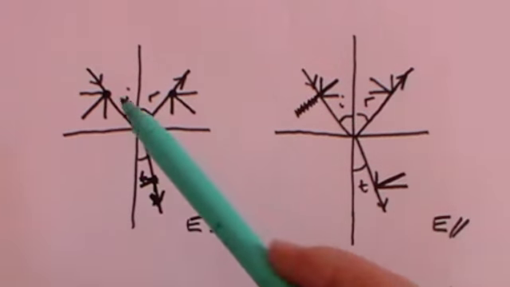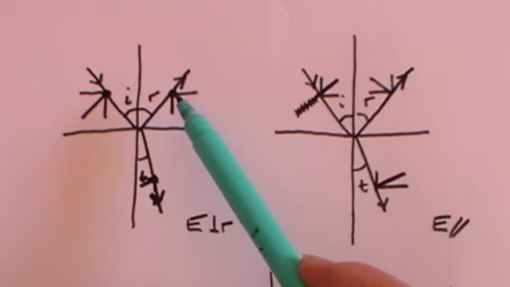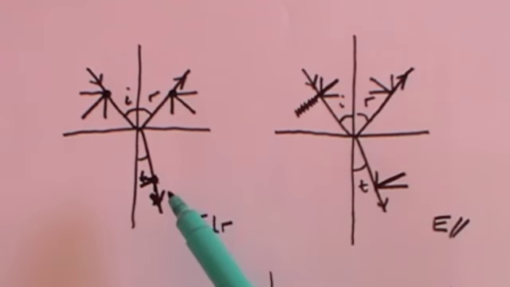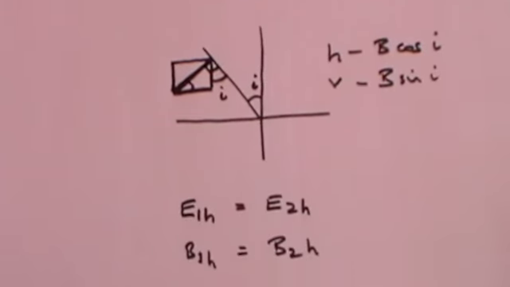And that means that the total E field in medium number 1, which is the incident E field plus the reflected E field, must equal the transmitted E field, because the E fields transport across the boundary.